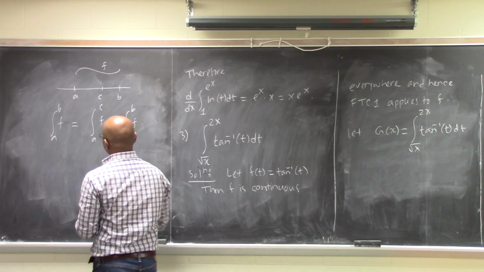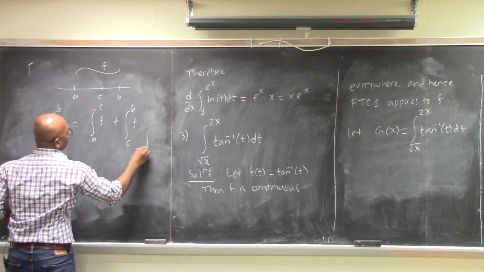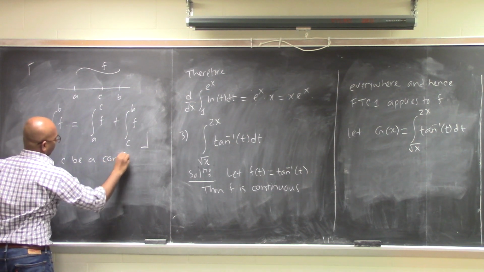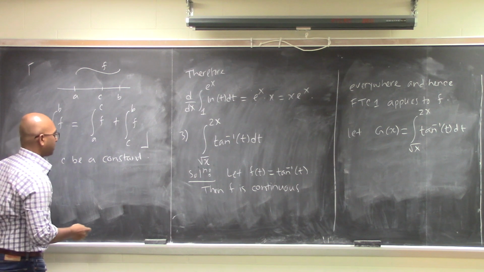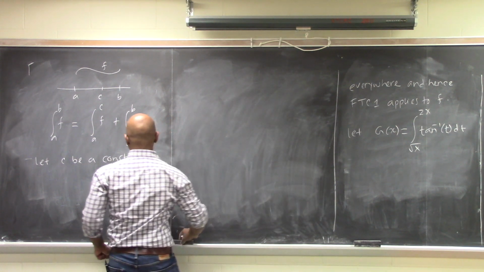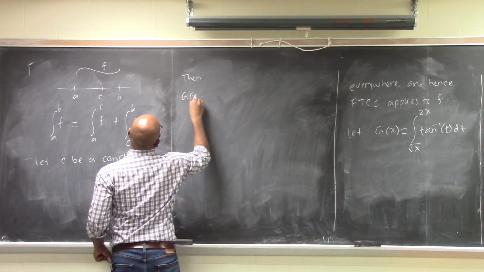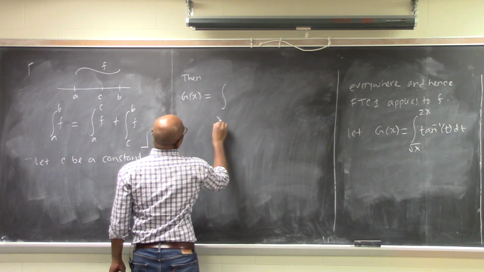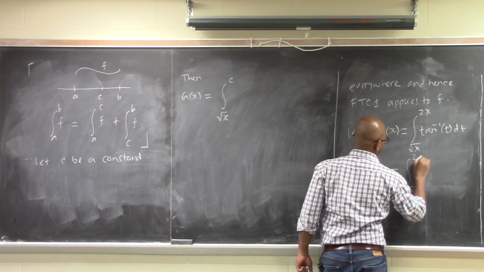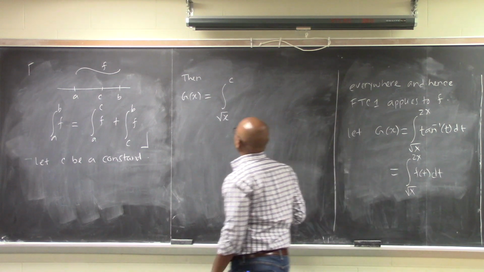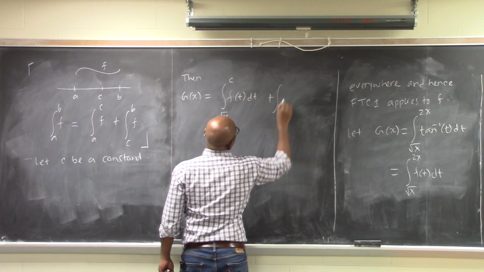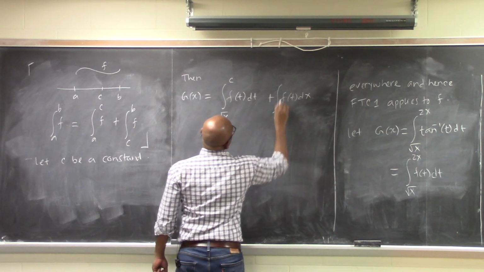So what I will do, let c be a constant. Then I can write this G of x as this: integration of f of t from square root of x to c, and then integration of f of t from c up to 2x.